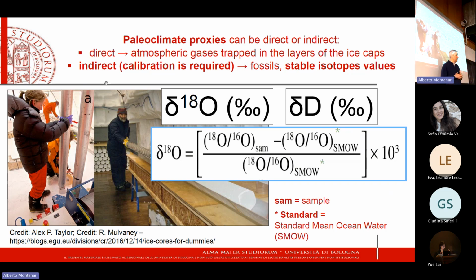Oxygen 18 means that the atom counts 18 nucleons, and it's stable. But oxygen has another stable isotope, oxygen 16, with 2 fewer neutrons. This means that the atom is a little bit lighter, less weight. And you may say, yeah, but the difference must be very tiny. Yes, it's very tiny, but it's still a difference. The weight is different.